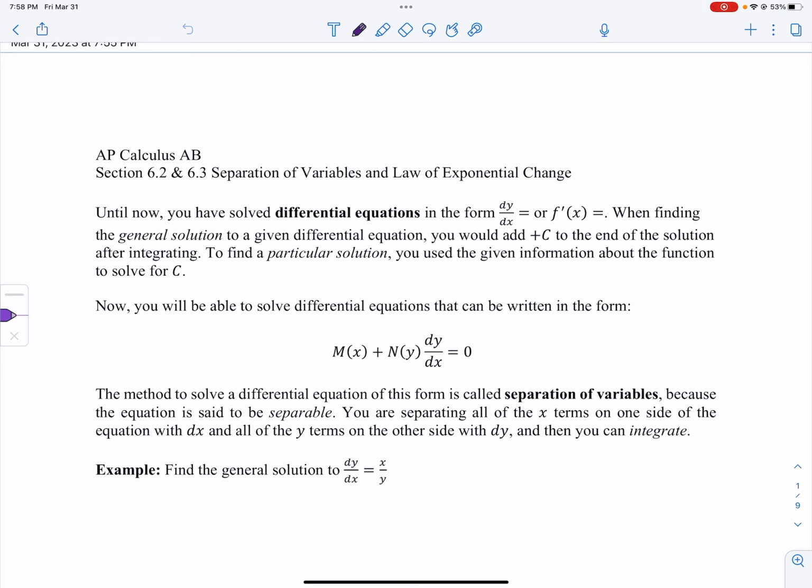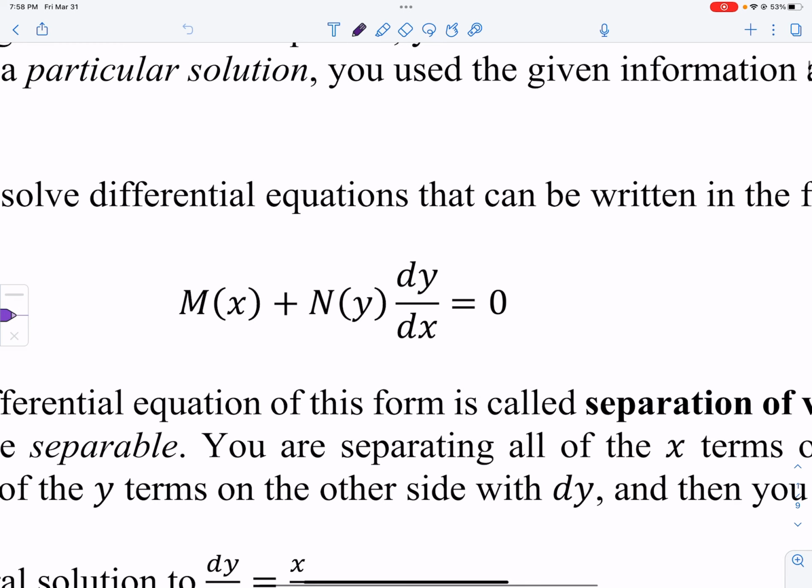So now we're adding to our toolbox a method that will allow us to solve differential equations that can be written in a particular form. Now, you're not always going to see the differential equation in this form.